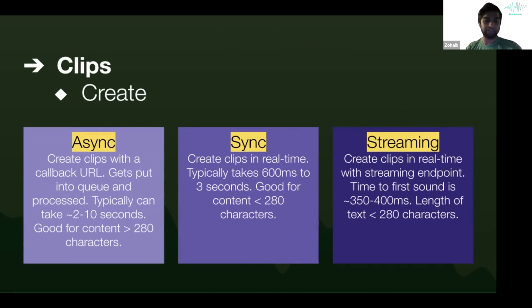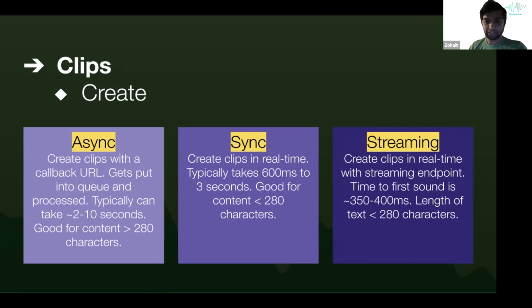If the content you're generating is longer than a tweet, you typically want to use an async approach anyway, rather than the synchronous approach. This is great for applications where you're generating something like an audiobook or a text-to-speech application that doesn't require real-time generation, or you're just making assets to put into a game, etc.